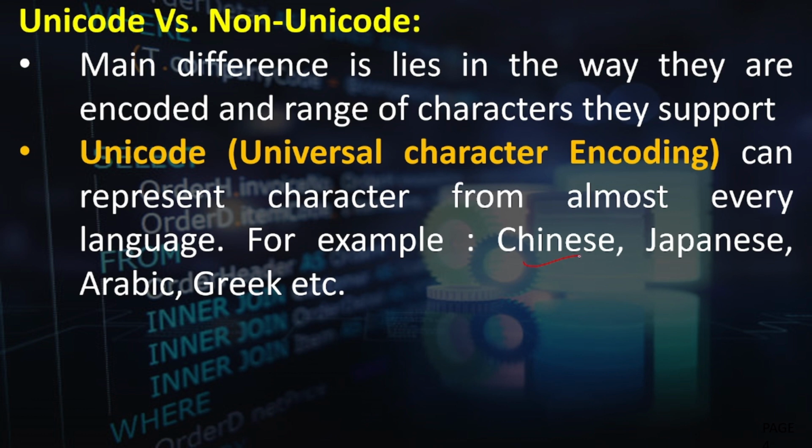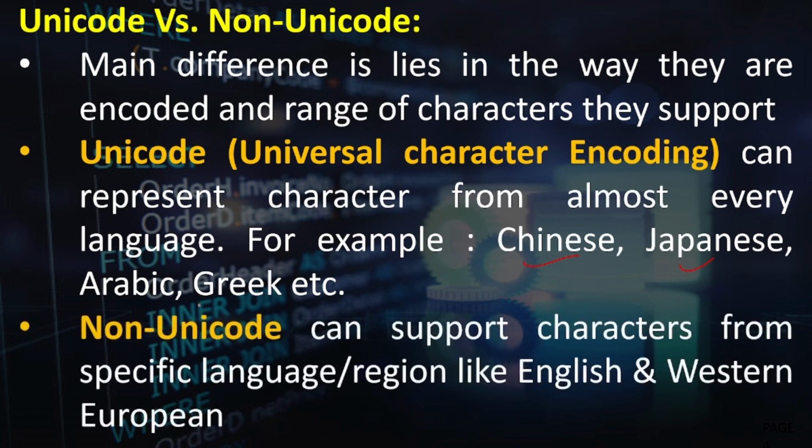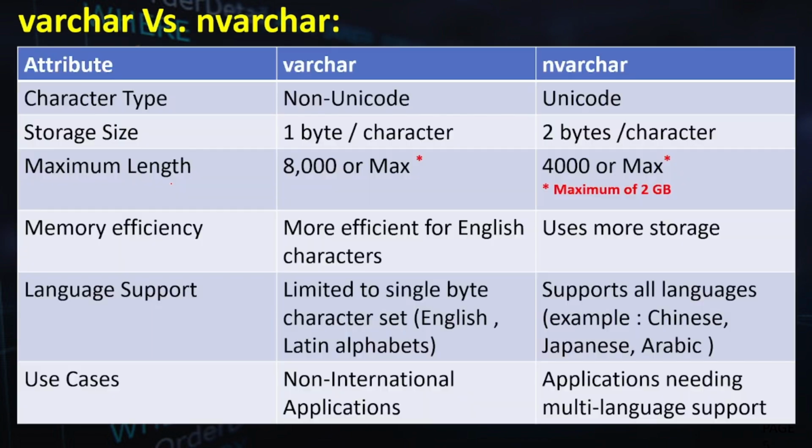For example, it could be Chinese, Japanese, Arabic, Greek, etc. But non-Unicode characters are only going to support English or a specific language region like English and Western European. So this is the basic difference. If you are going to support global countries and you want to support all the languages on your website or your application, obviously you need to have Unicode characters.